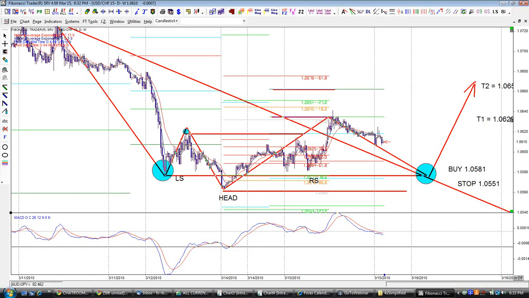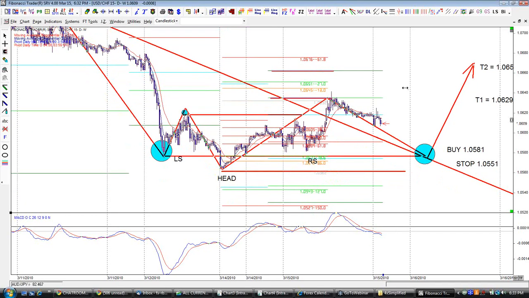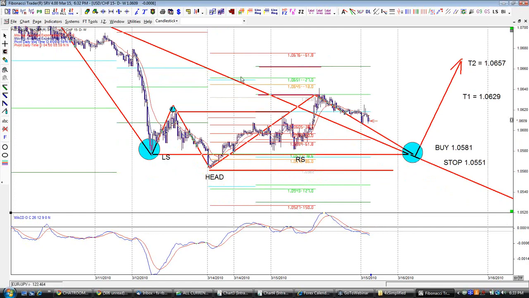Those who have missed it can wait for the market on the 15-minute chart to come down.